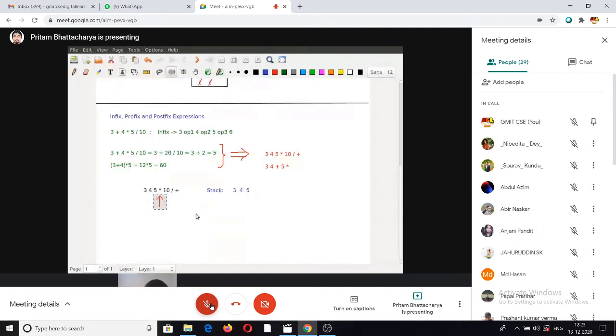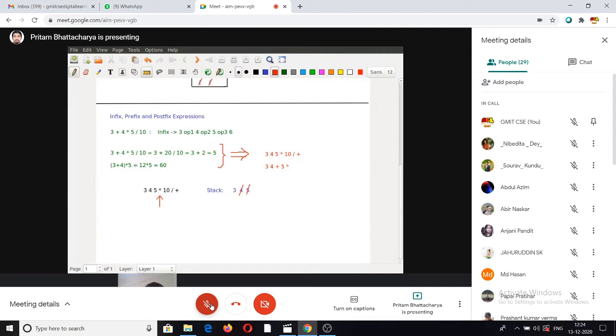Now that you have come to an operator, you never push an operator onto the stack. What you do is, from the top of the stack, you pop twice. So you pop the top two elements from the stack. I'll pop 5 and I'll pop 4.